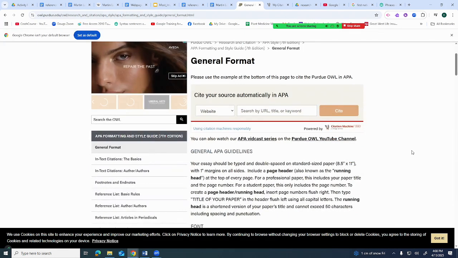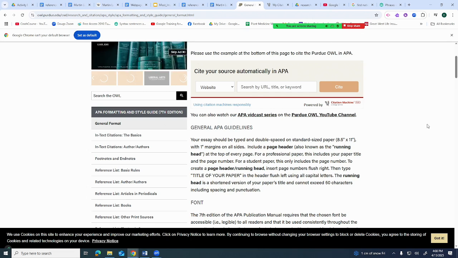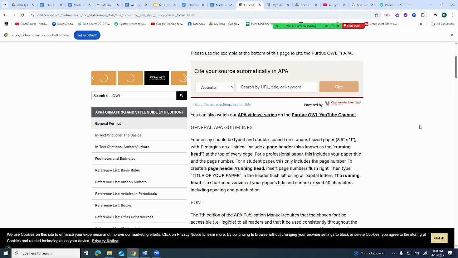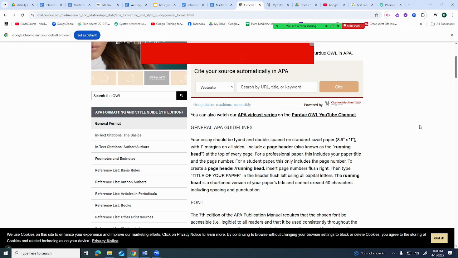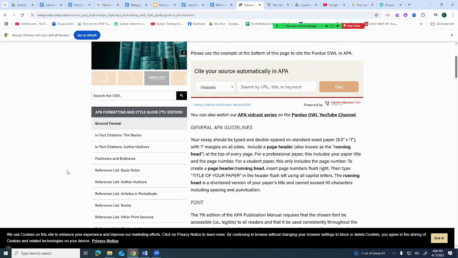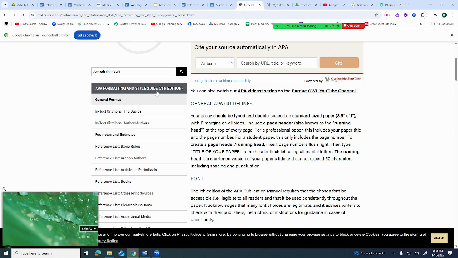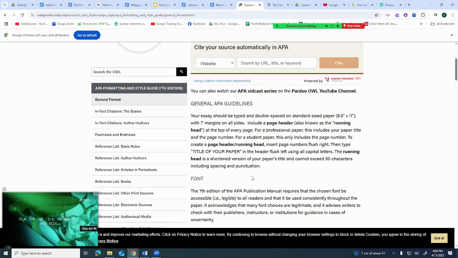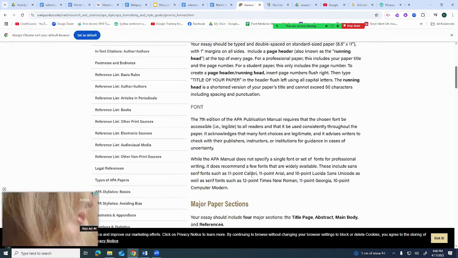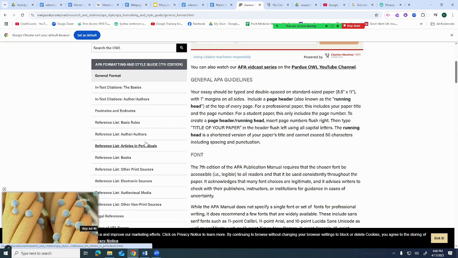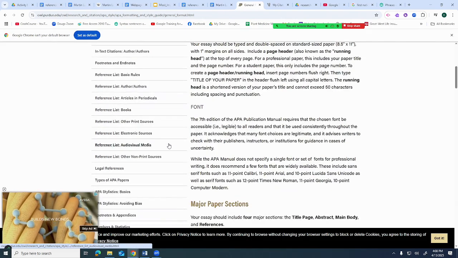And they stay with the accepted guidelines for all the different formats. Okay, and you can see right now we're in the APA Formatting and Style Guide 7th edition. They keep making moderate changes, and so that's why it's the 7th edition.